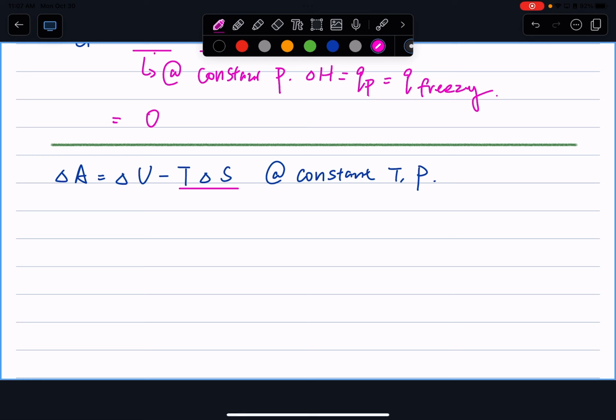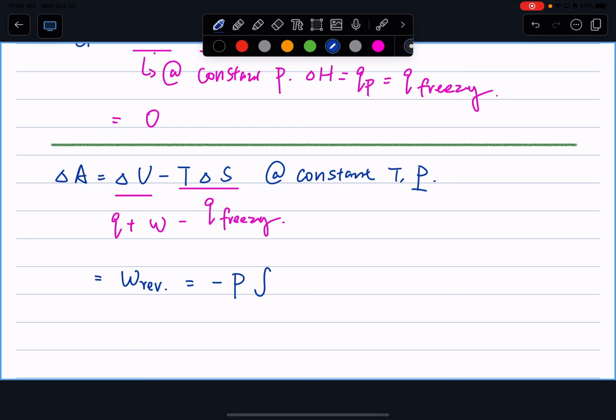T delta S equals Q. And this delta U, well, that's our first law of thermodynamics. In a closed system, delta U equals Q plus W. So this gives you Q plus W minus Q freezing. So your delta A effectively equals the reversible work done in this process. And at constant pressure, you can rewrite that and do the derivation. It equals negative P delta V.